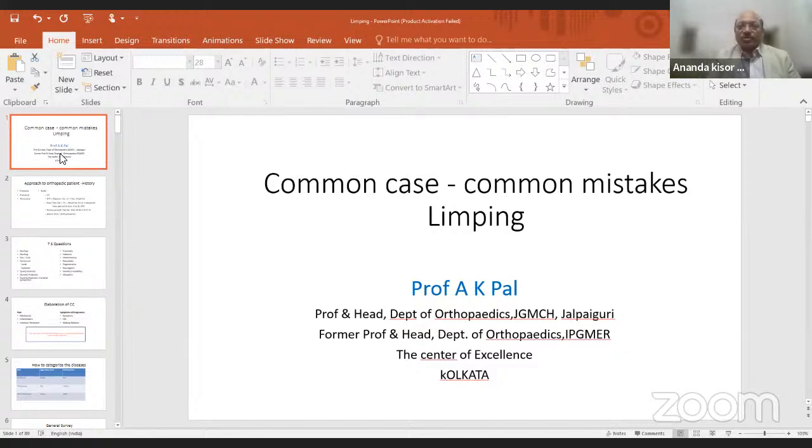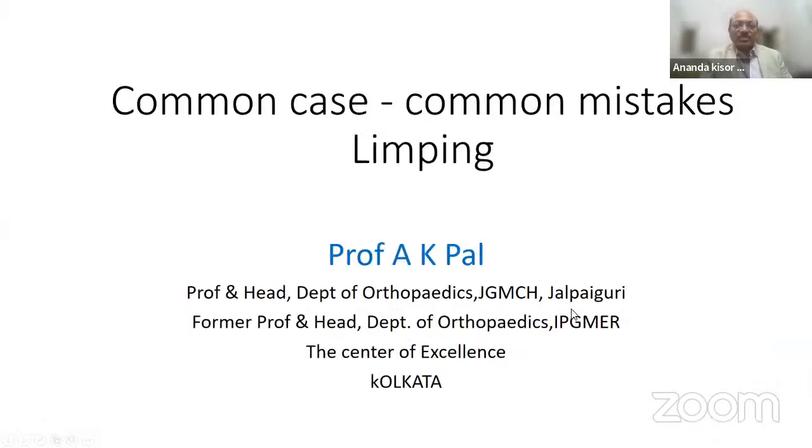There is a common case and common mistakes, and especially we'll go into the finer details of limping in children, because gait examination is extremely important for all ages, but for the child it is very difficult because sometimes they don't cooperate.